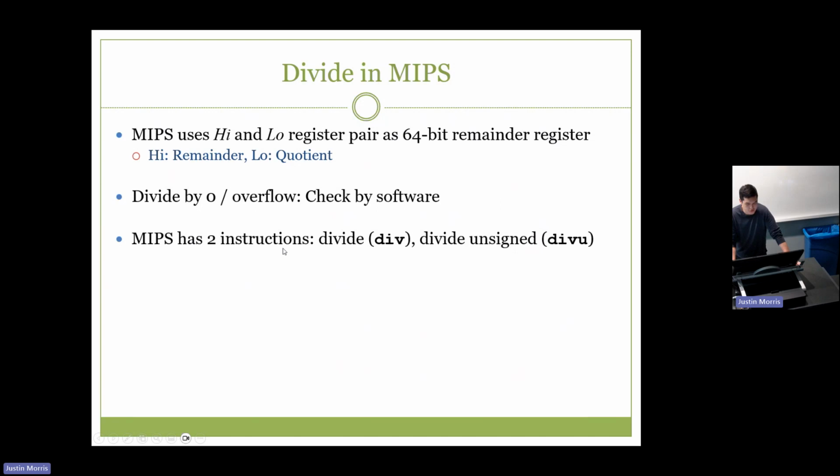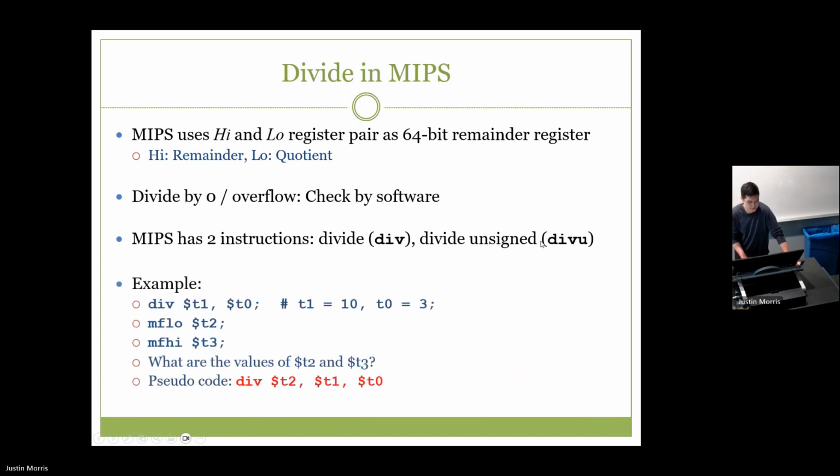So it has these 2 instructions, just like for multiply, we have divide, and then we have divide u, or divu, which is for unsigned. And again, here's our example. So we want to divide t1 by t0, and we're going to load the lower bits into t2 and the higher bits into t3.